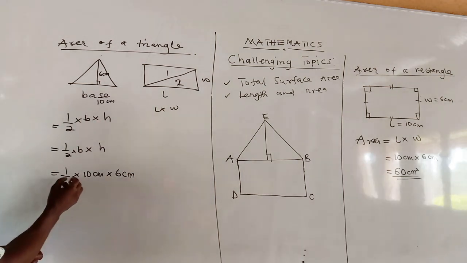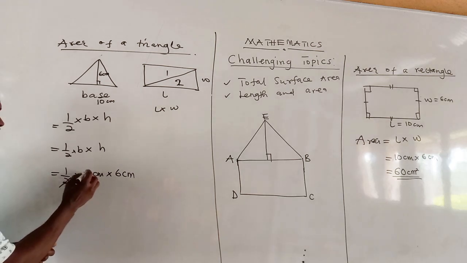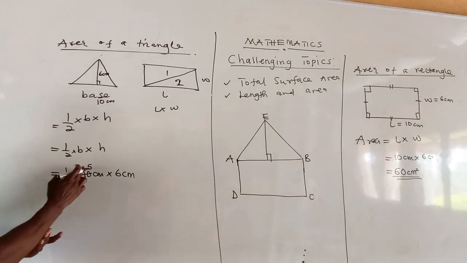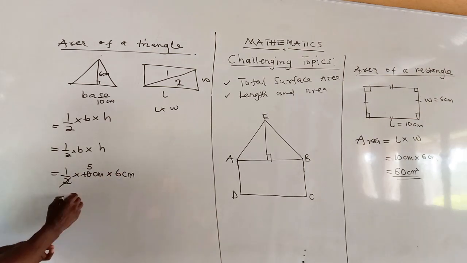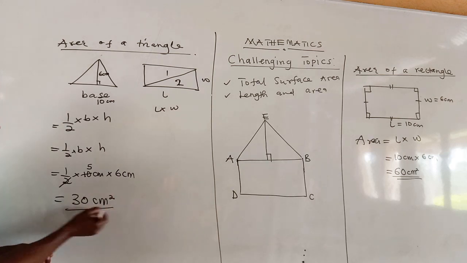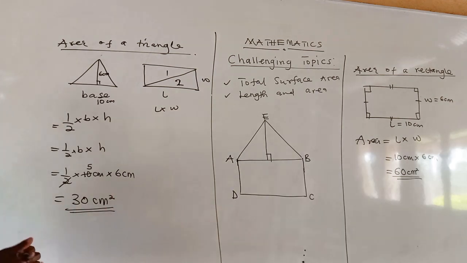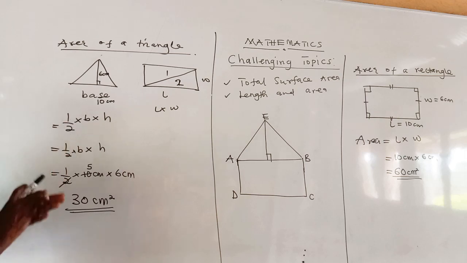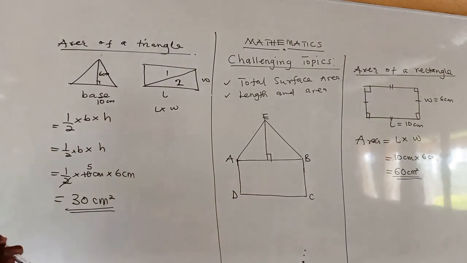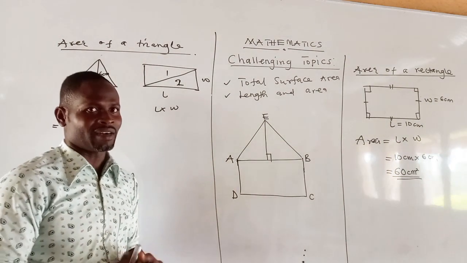So from here you can say 2 divides 10, 5 times. So 5 times 6 will give you 30 centimeters squared. That's the area of the triangle having the base as 10 centimeters and the height as 6 centimeters. Now let's come back to our diagram.